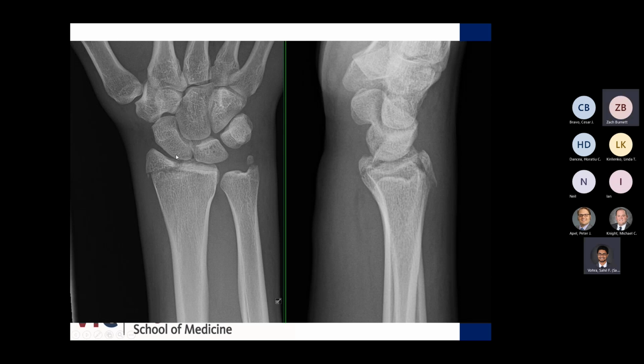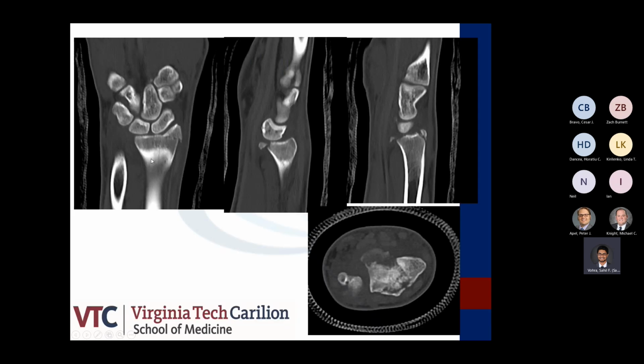So I agree. This one's tough. It's very, very distal. Overall, the alignment looks fair. You can see the carpus is now sitting back on the distal radius here. You can see that big styloid fragment, but it's got a little step off, but nothing terrible. To further evaluate that, we ended up getting a CT scan, which demonstrated this.